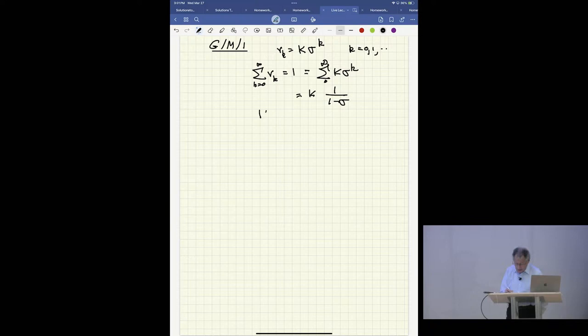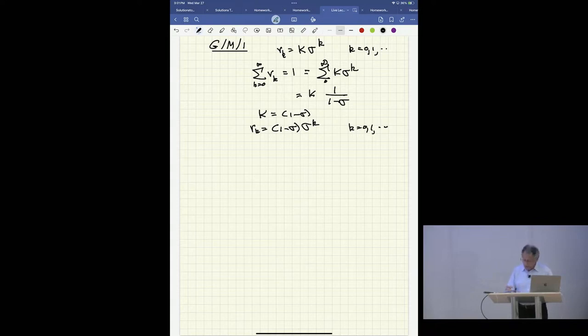So clearly K is equal to 1 minus sigma, which means finally that R_k is equal to 1 minus sigma, sigma to the k. And that's for all k, 0, 1, etc. And that's true for all GM1 systems. It's geometric, which is lovely.